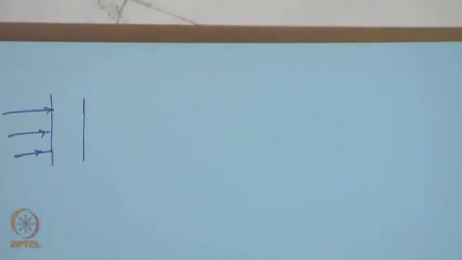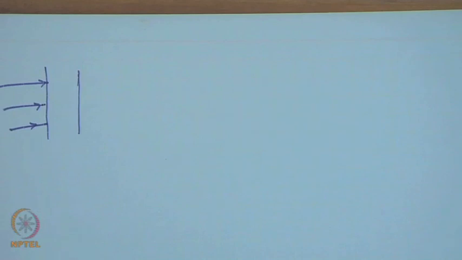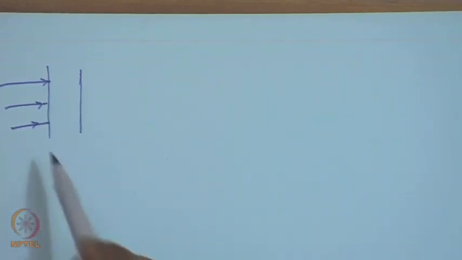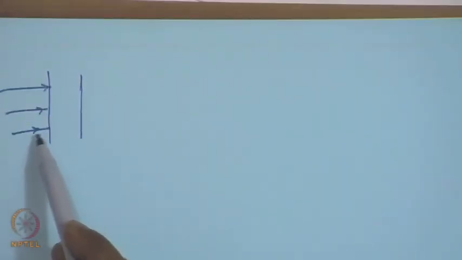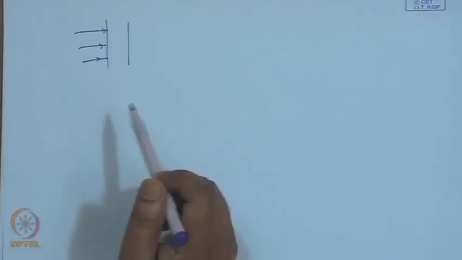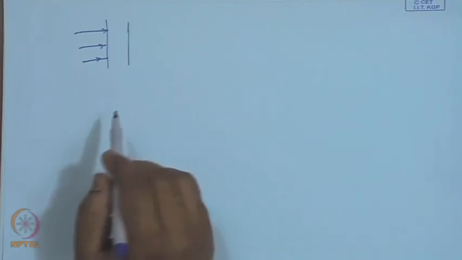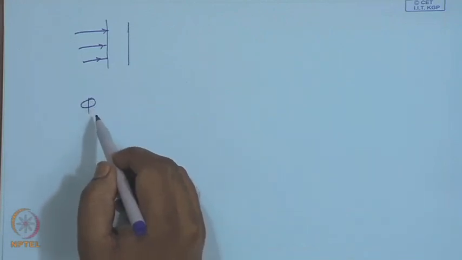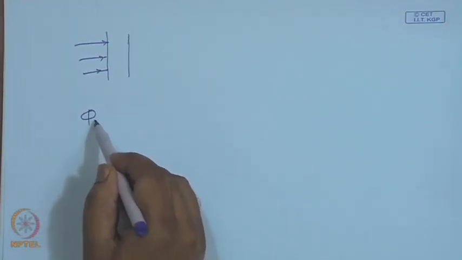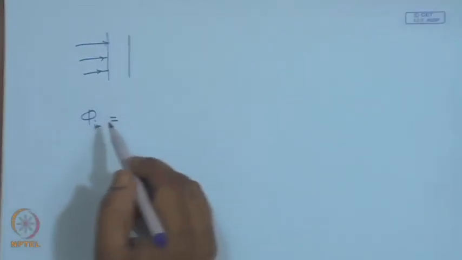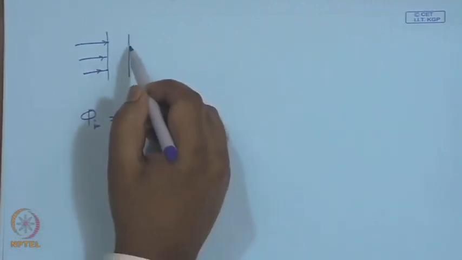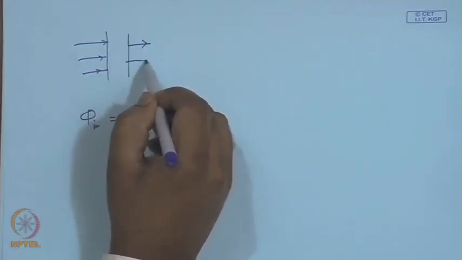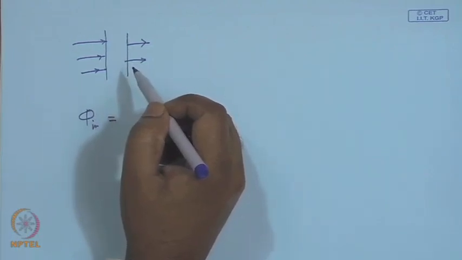One is the scattering or reflection from the surface, second is the bulk scattering, and third is absorption. So, of the total flux of the light coming in, there will be part of the light which gets transmitted.